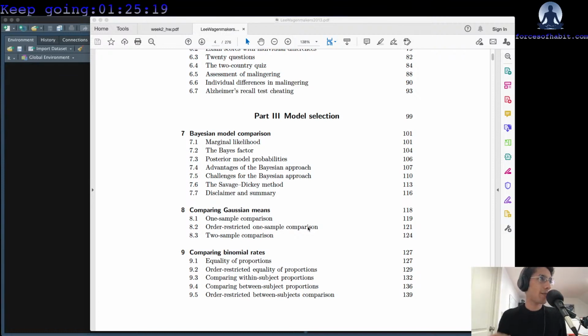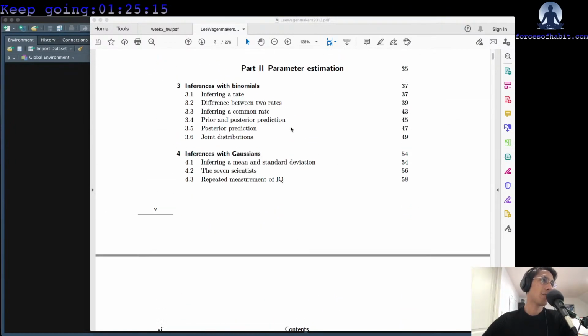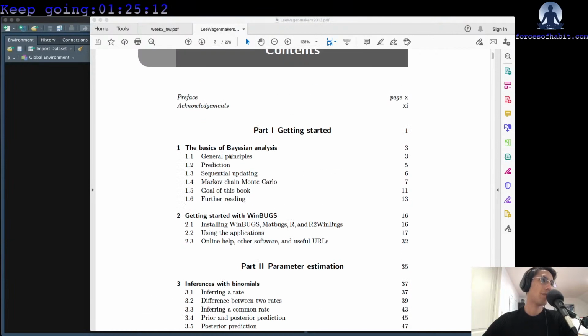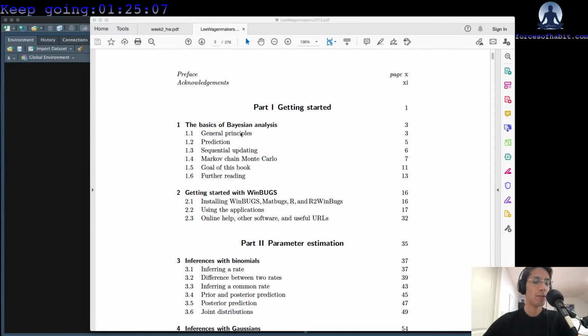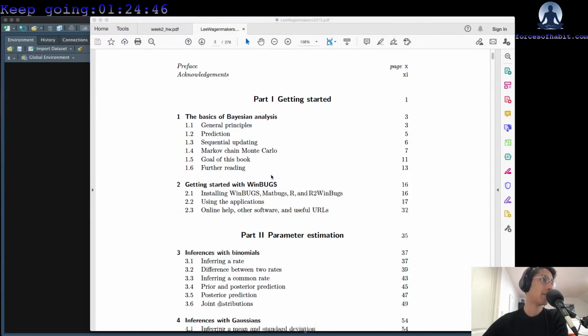All right, so we're going to get right to it then. In our last section, we went over how to do parameter estimation. So the first section: what is Bayesian analysis? What are the principal components of what we're going to be doing here? What's Bayes' theorem? How are we going to be estimating a portion of Bayes' theorem that many times becomes intractable given its complexity, that being the denominator of Bayes' theorem?